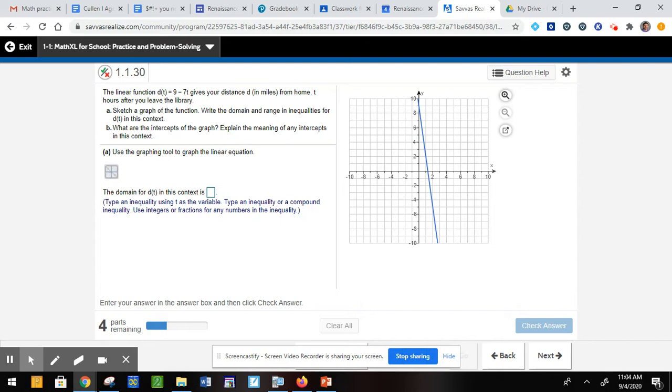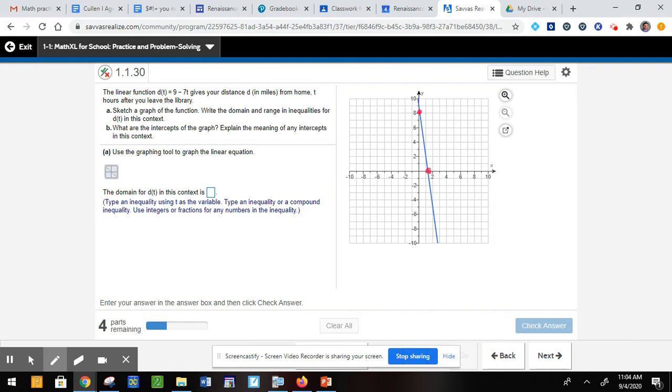So that's what it's talking about in context. So the domain of this point up here, or the x value of that point, is 0, and then we need to figure out the t value there. The t value, well, that is your x-intercept. So I'm sorry, your t-intercept.